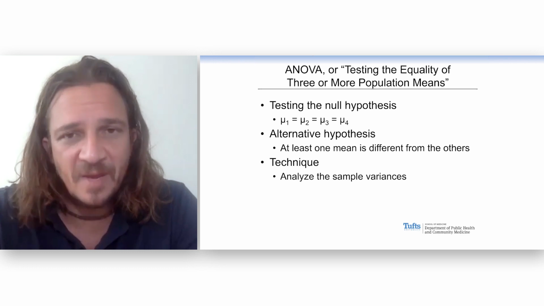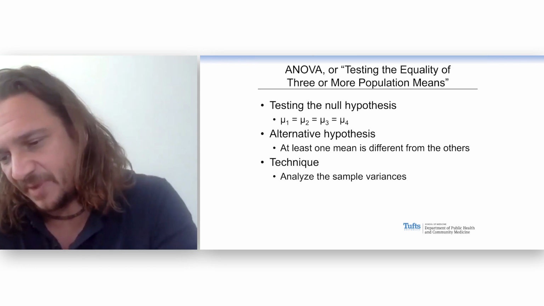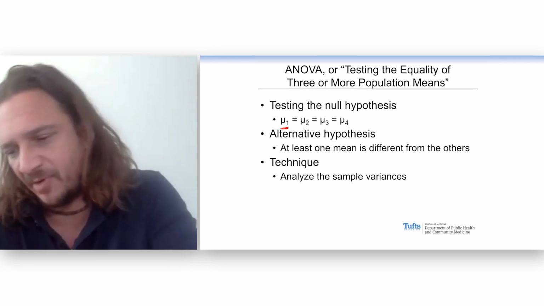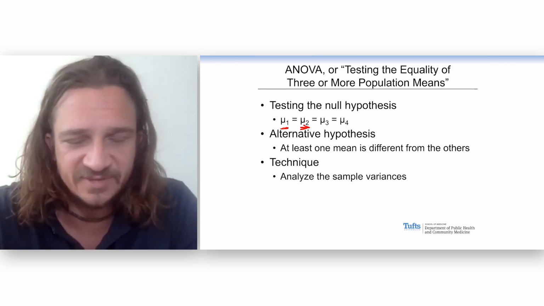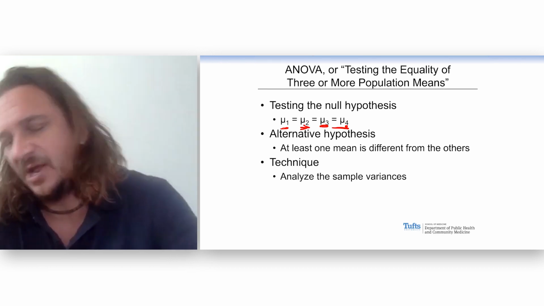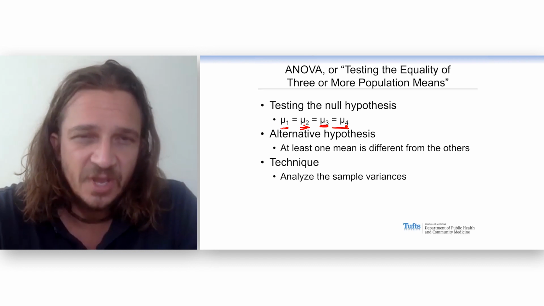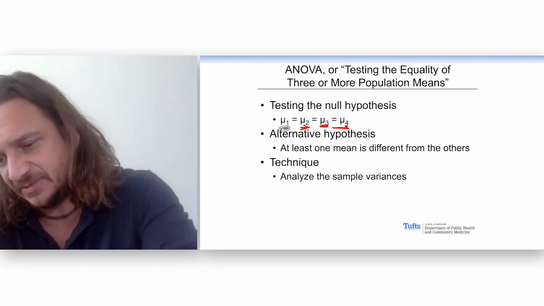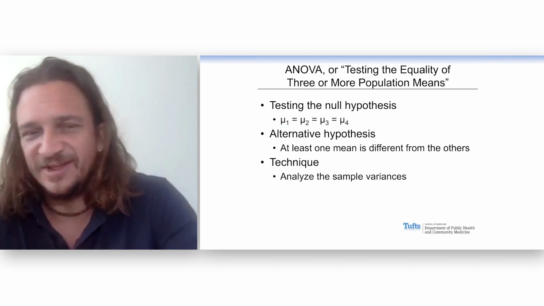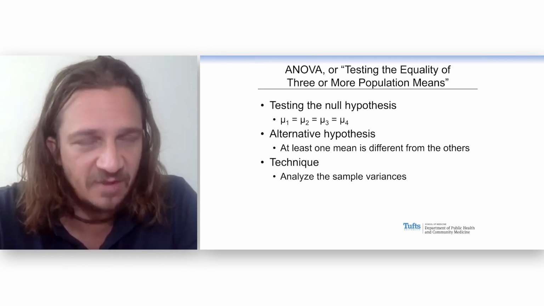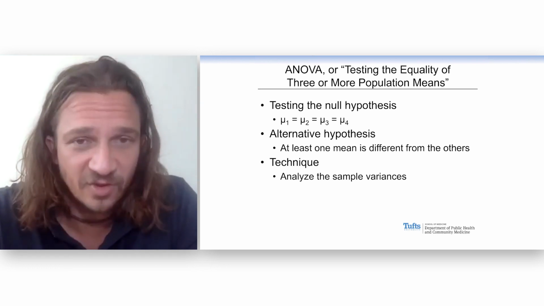Remember, null hypotheses are always about the population parameter, which we use the Greek letter mu. Is the mean in the population equal to a given value? Now, the alternative hypothesis, you're learning a new statistical test, but it's going to be kind of the same as all the tests that we do.